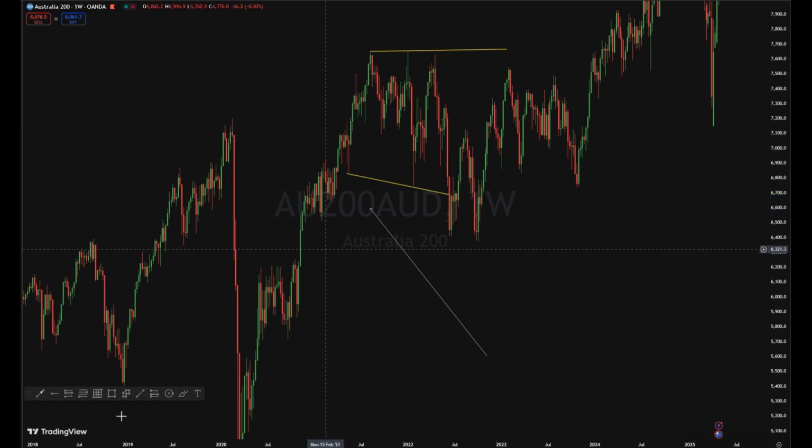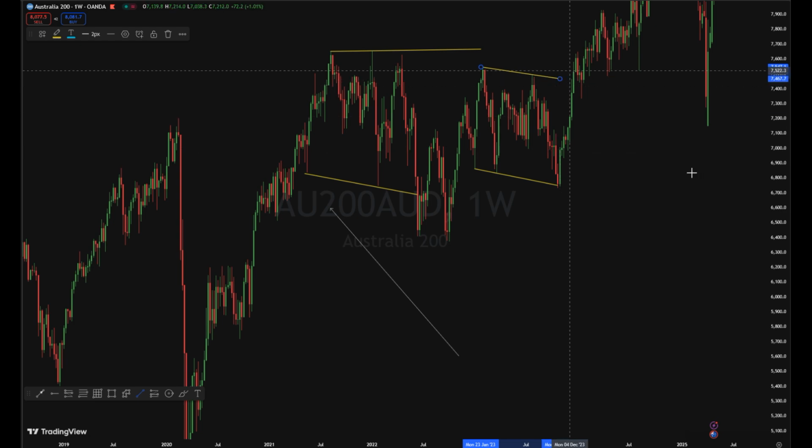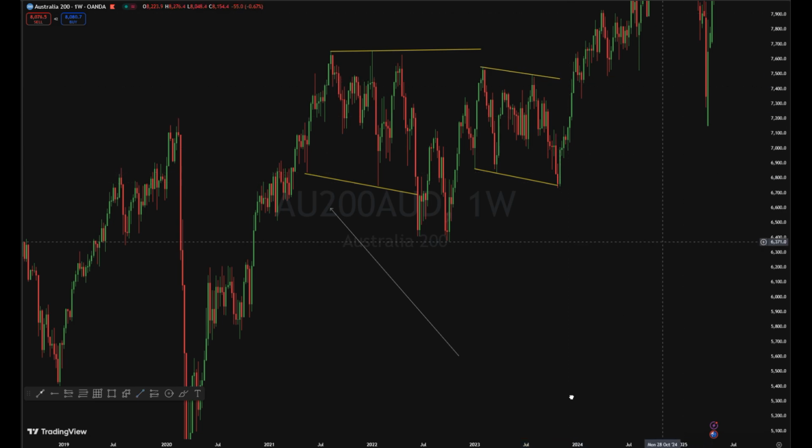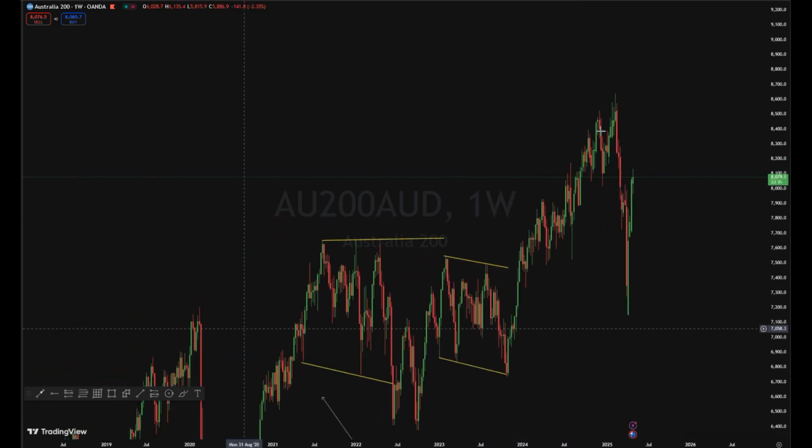And then after that we had a correction within a correction, a three-touch structure, which is this one, and then we had another impulse. And now price did what, guys? After impulsing, you can see that we had this correction, impulse, and then correction.